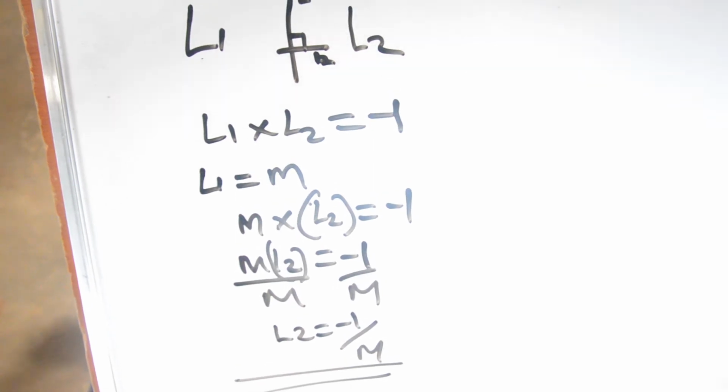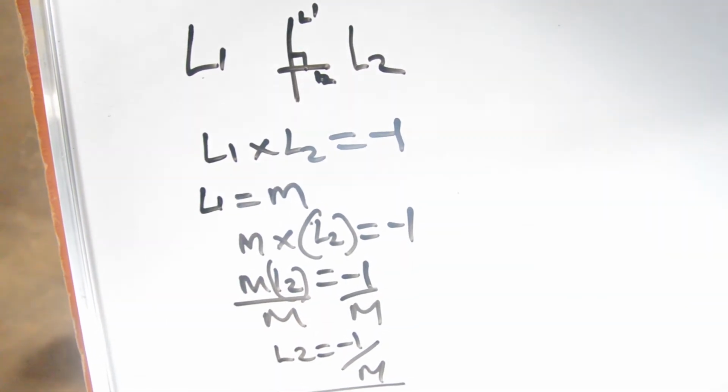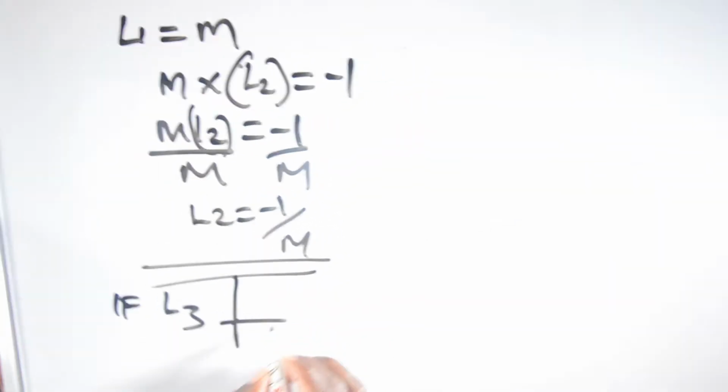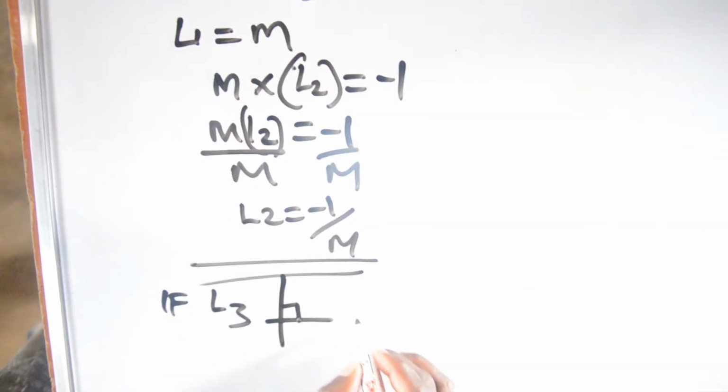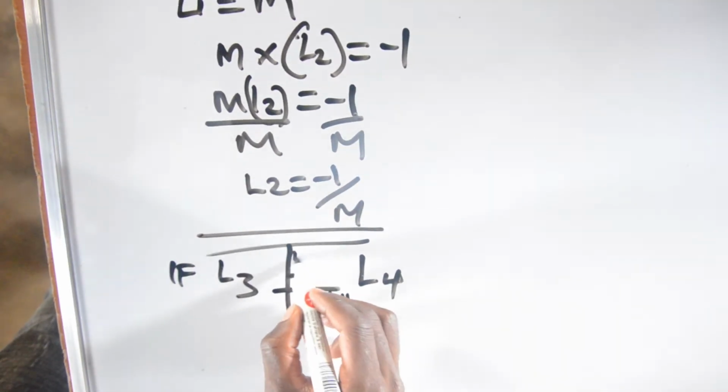That simply means that if L3 is perpendicular to L4, are we together? This is L4, this is L3.